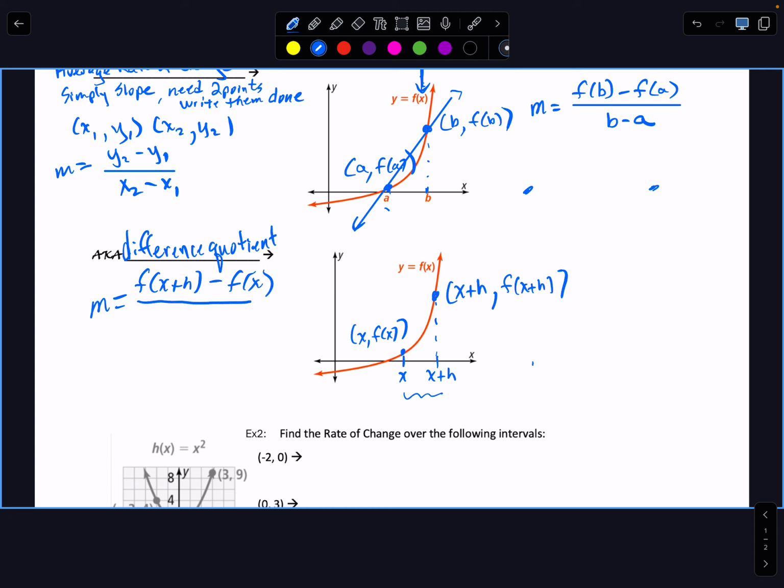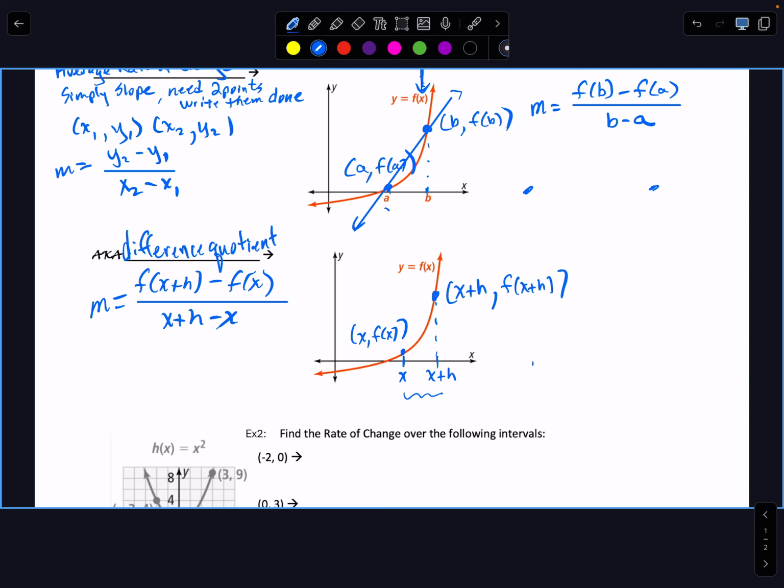It looks like that. And then in the denominator, we're going to take x sub 2 minus x sub 1. But what always happens with these is that x's cancel out.